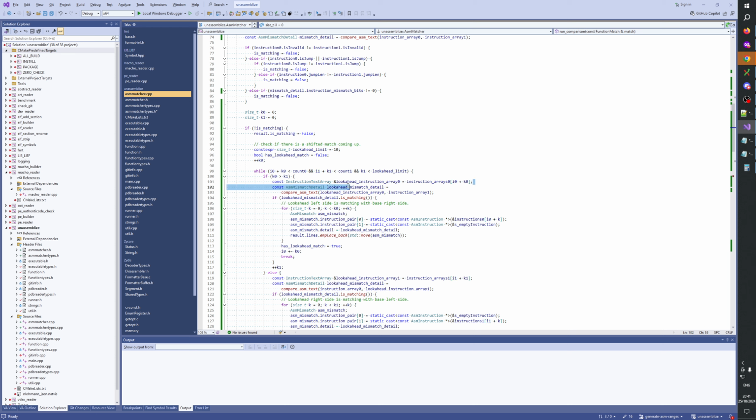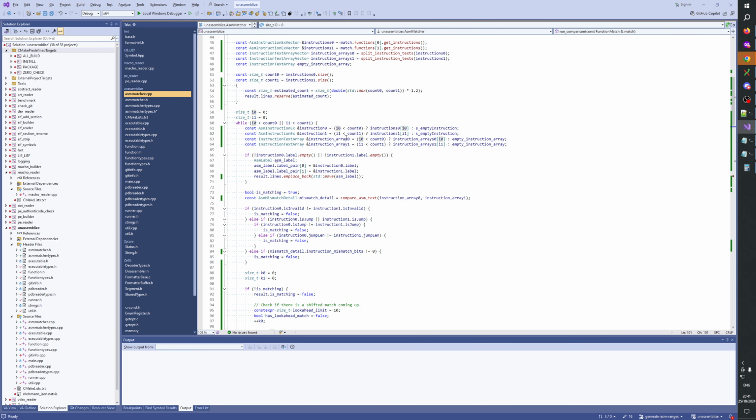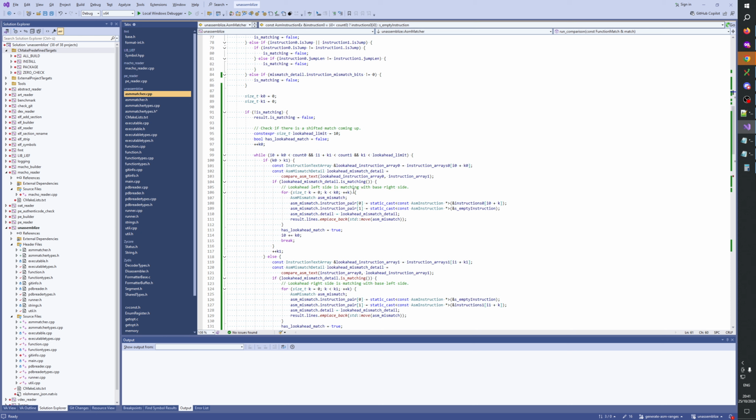Yeah, I think this is already illegal what we're doing here, because this can already be an empty instruction here. Like I0 can already be smaller than count 0. No, it cannot be here. No, not here. Not here.